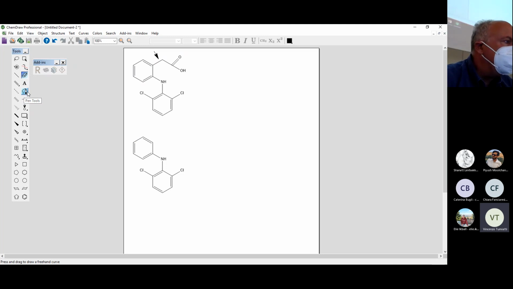The first step is the reaction of this diphenylamine, you see, two aromatic rings on a nitrogen. We make a reaction with this derivative.